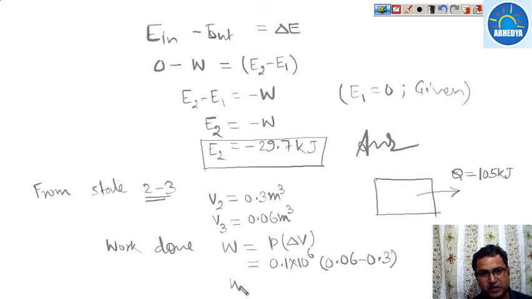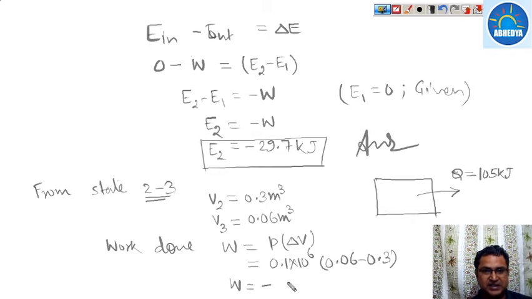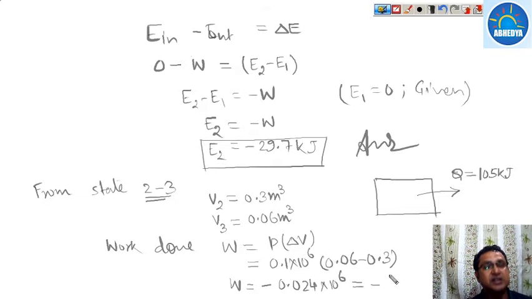So W becomes 0.1 into minus 0.24, that is minus 0.024 into 10 raised to the power 6, that is minus 24 kilojoule. So this much is the work done.